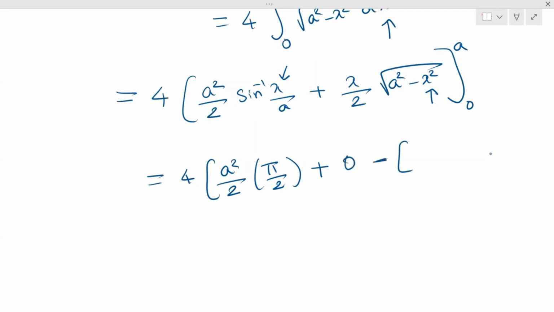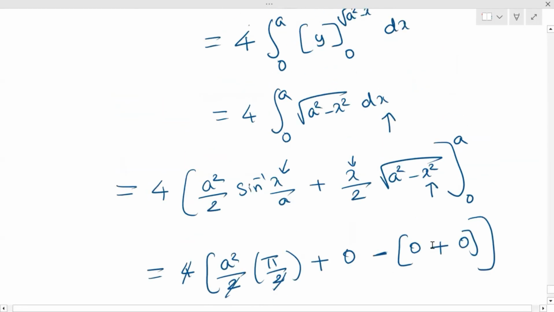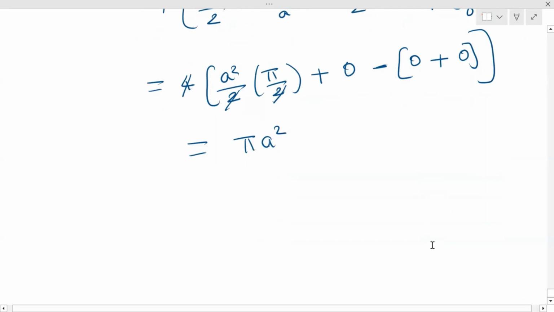Minus, when we apply the lower limit, sine inverse of 0 is 0, and when we substitute x equal to 0, the whole term is 0. So the 2 and 4 cancel, and we get pi a square. So this is the area of the circle. We easily got it by using double integration.